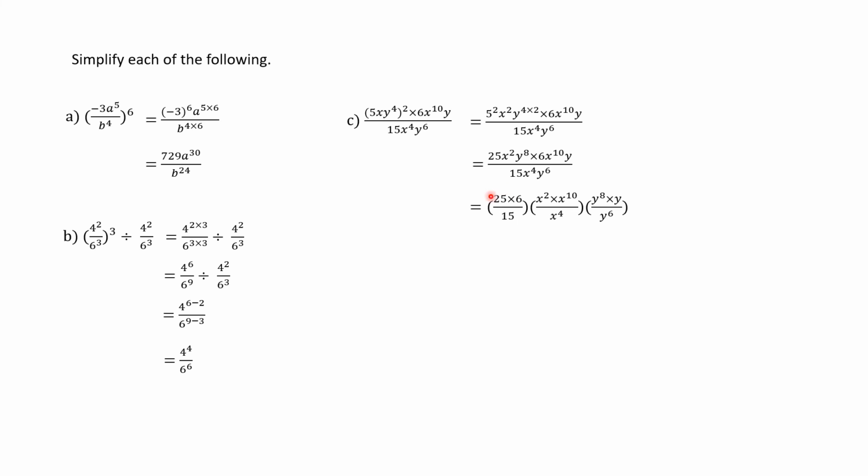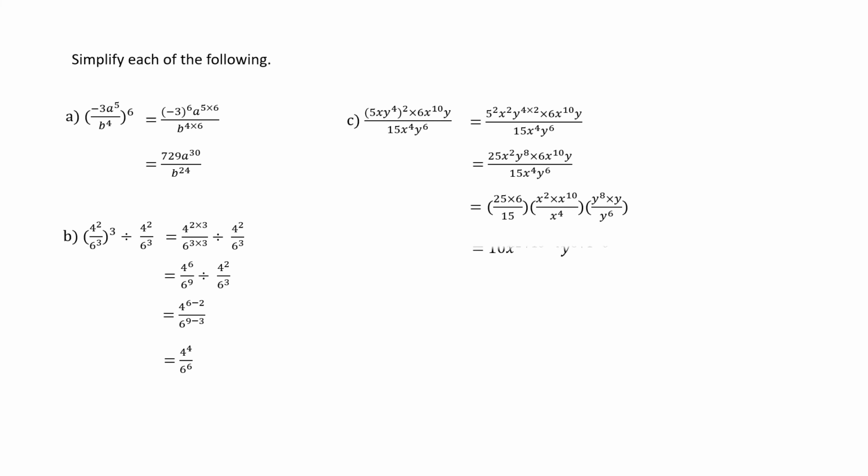So the grouping, the numbers, group them together. 25, because 5 to the power 2 is 25. So you group it together, and then group the terms x. The same base x, and the same base y, group them together.